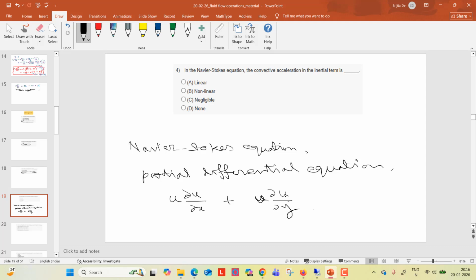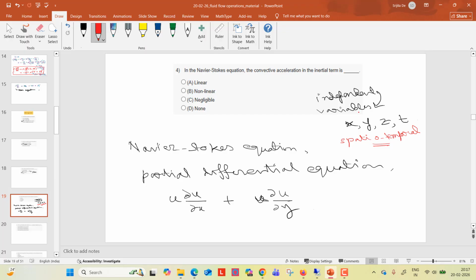So independent variables here are x, y, z and t, right? That means position and time. Together, they are called spatiotemporal.